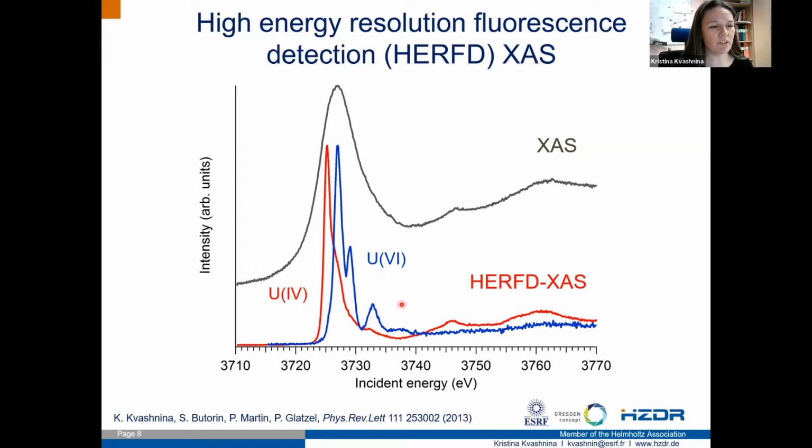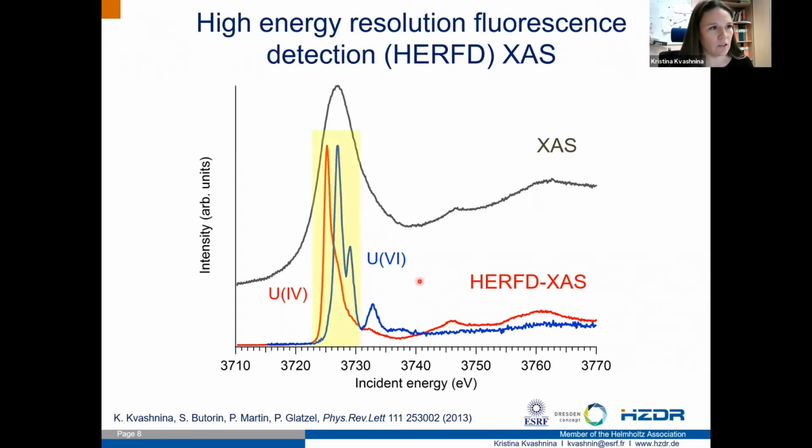The uranium-6 compound here is uranyl, and that's also used as one of the examples to show how you improve resolution. You don't see only one single absorption feature, but you really see the splitting of different states, and these are different transitions which can be analyzed in greater detail.